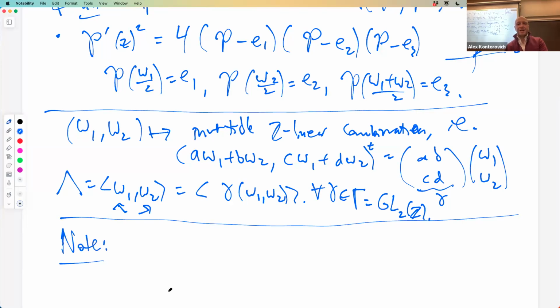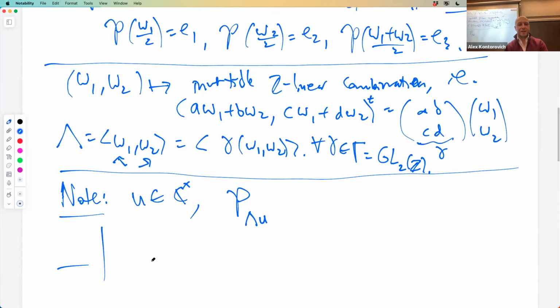So here's an observation. Let U be an invertible complex number. What happens if I take P and multiply every element of the lattice by U? Here's the original lattice, the set of lattice points, wherever they are.